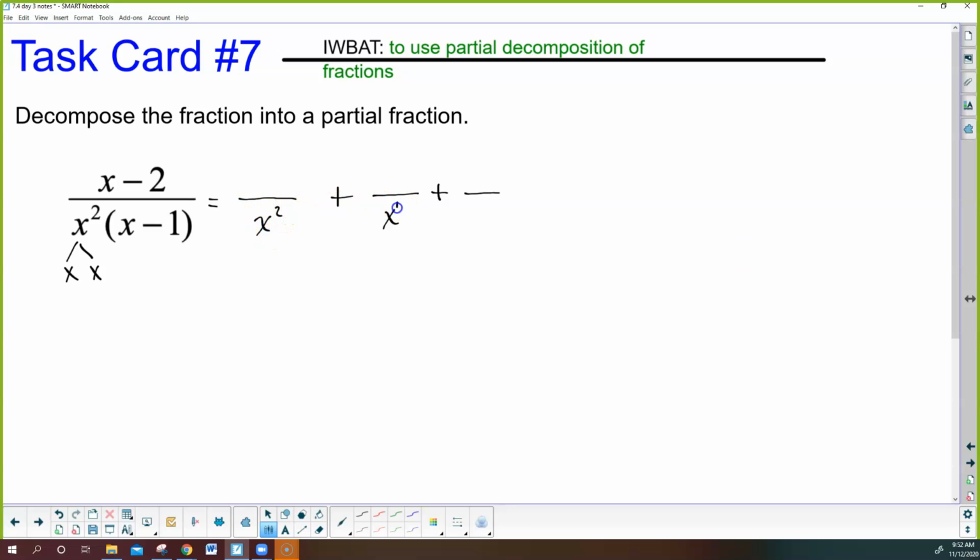And then we're just going to take one less of that. Now, don't write this part, but what if it was x to the third? Well, then I would have to have an x to the third. I would have to have an x to the second, and I would have to have an x to the first. So that's just, you're going to basically take every potential factor of whatever that piece is.